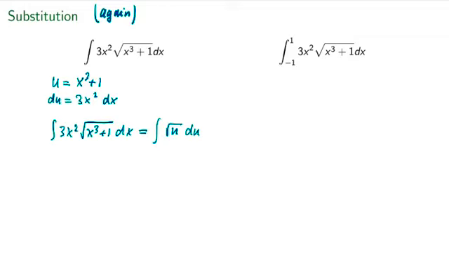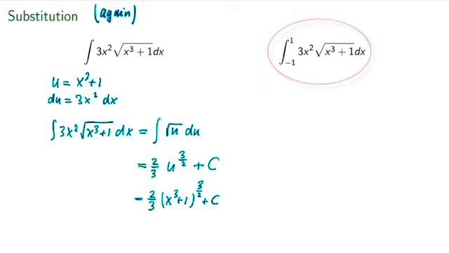So we need to integrate u to the 1/2, and the integral is u to the 3/2. But then we need to get the factor right, so there must be a 2/3 in front. And then we get a constant because we are looking for a general antiderivative. And then the final step would be to substitute what u is. So u was x cubed plus 1, to the 3/2 plus a constant, and we are done.